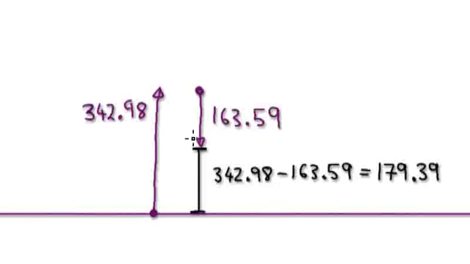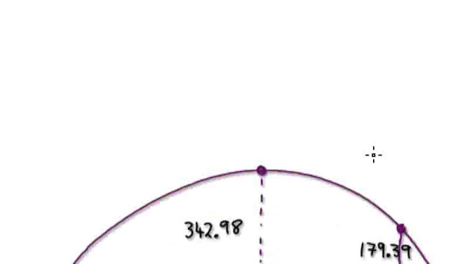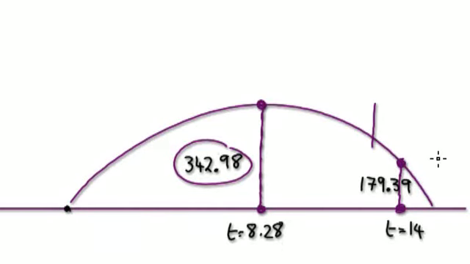So now the maximum height is given by this. We free fall for this bit. So the height of the cannonball at 14 seconds will be given by this. We free fall, and then after 14 seconds, our height is given by this bit here.